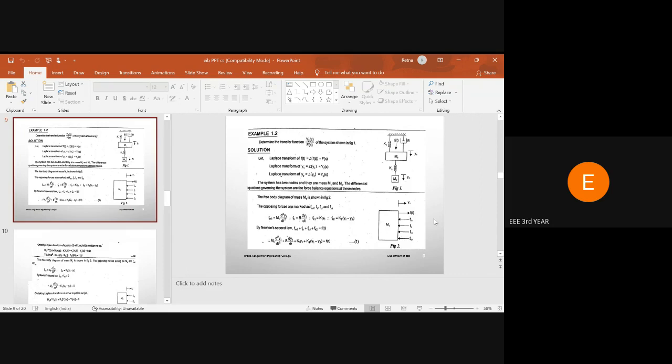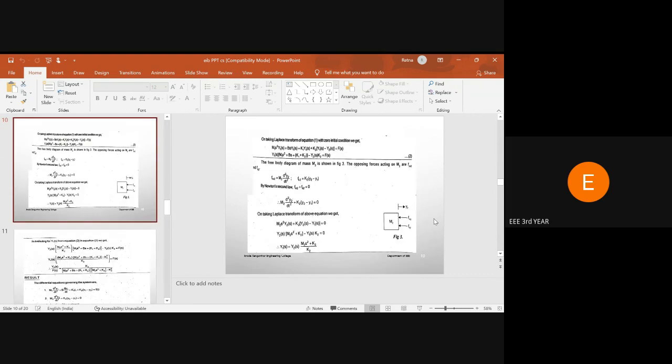Then applying the opposing force formula for fm1, fb, fk1 and fk2. So finally we get m1 d square y1 divided by dt square plus b dy1 divided by dt plus k1 y1 plus k2 into y1 minus y2 equal to f of t.